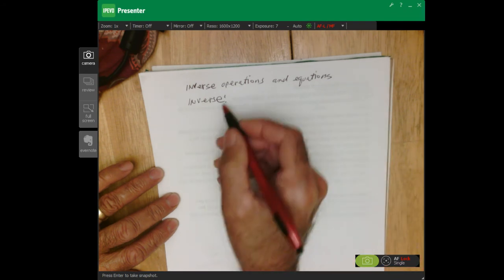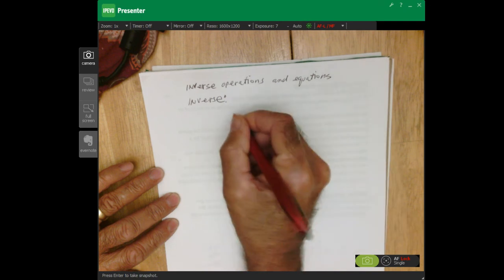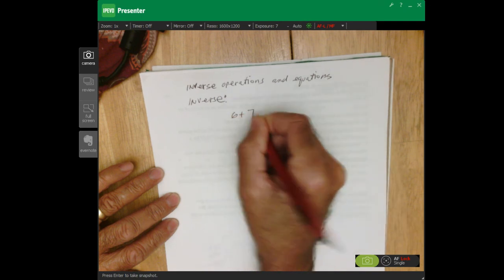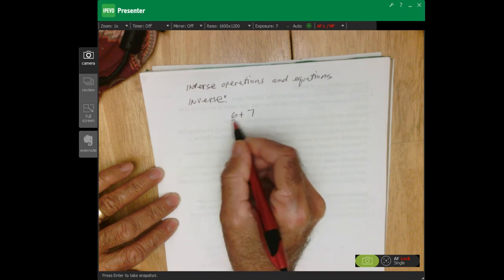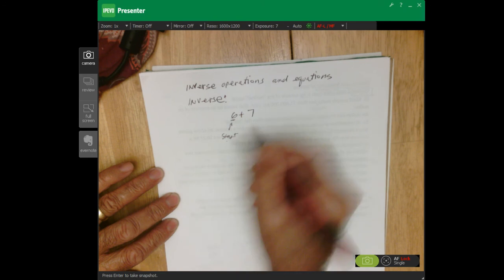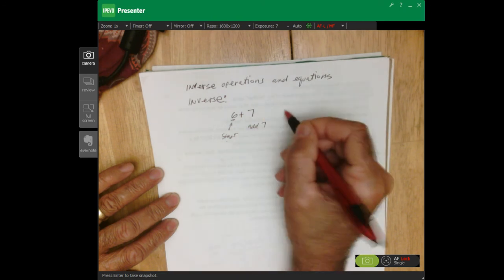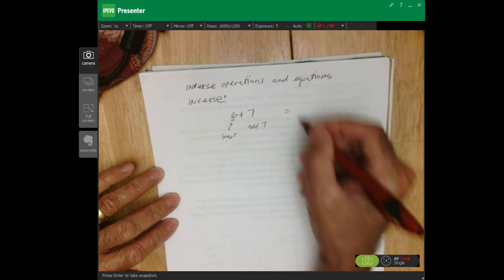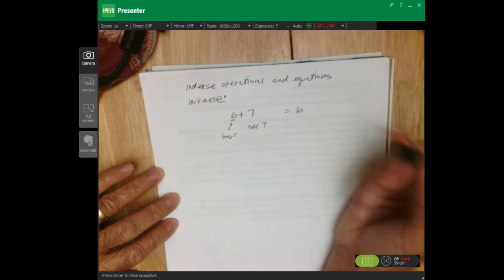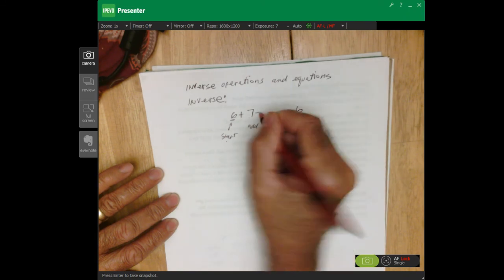But when we talk about mathematics, if we take something like 6 plus 7, we start with 6, and then we add 7. The way we get back to our original part, which is 6, is to undo that operation.